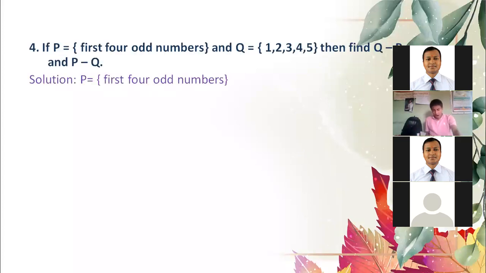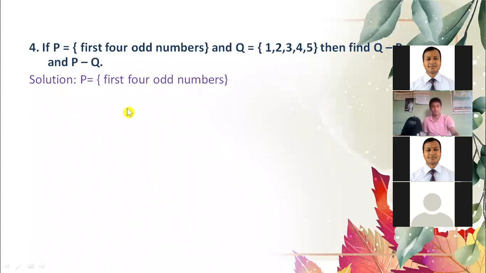Then look at the first homework which I have given to you yesterday. 3 questions we solved here in class, so I've given the number 4 for this question. If P is equal to the first 4 odd numbers and Q is equal to 1, 2, 3, 4, 5, then find Q minus P and P minus Q. A similar question we did here in class also, so I'm going to move fast.